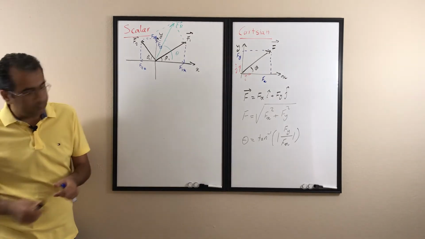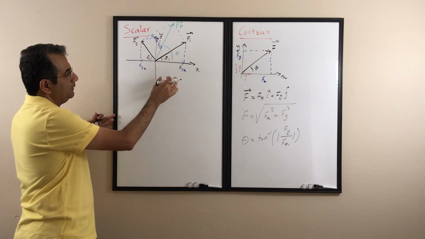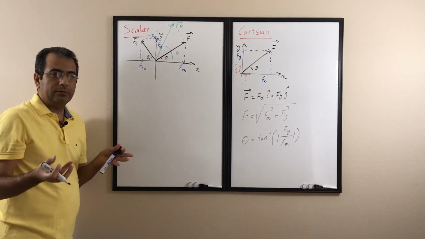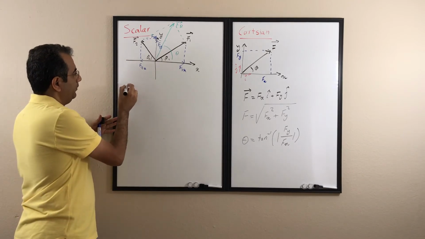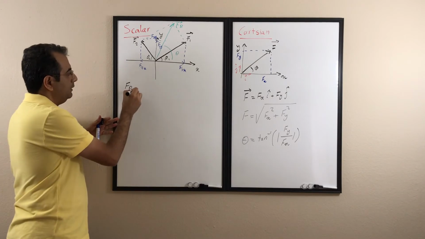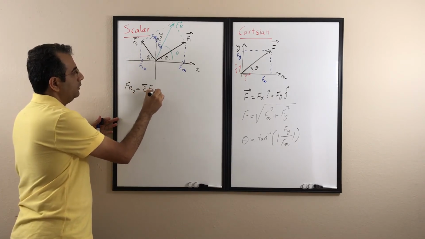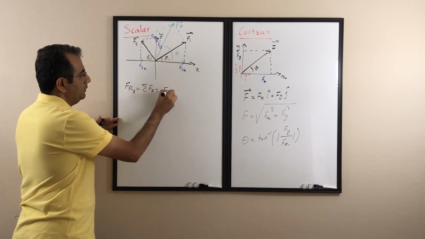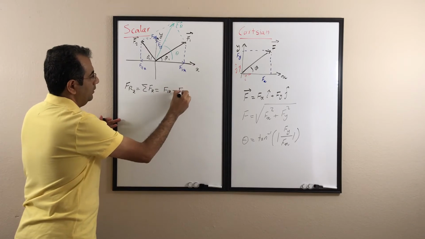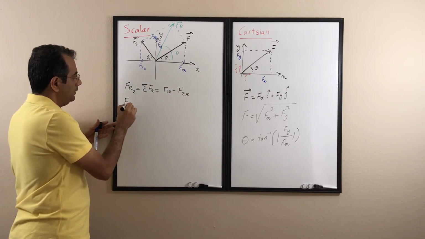Now, we are going to see what's the resultant component in the x and y direction, simply just add them together. So the component of the resultant force in x direction is just simply add all the Fx, so it's going to be F1x minus, because it has an opposite direction, F2x. The same for the y direction.